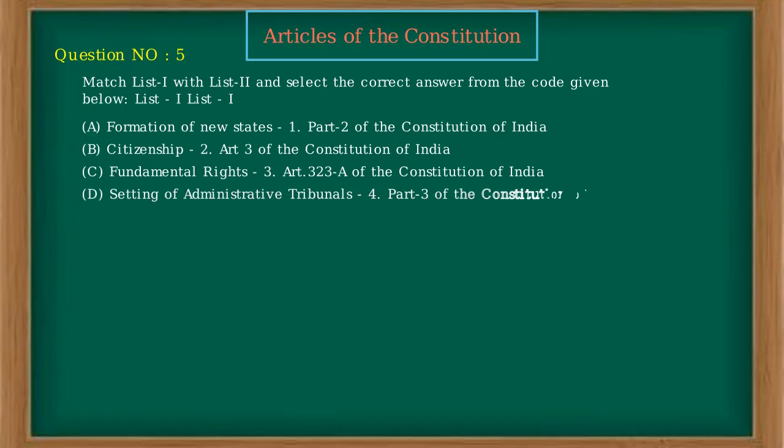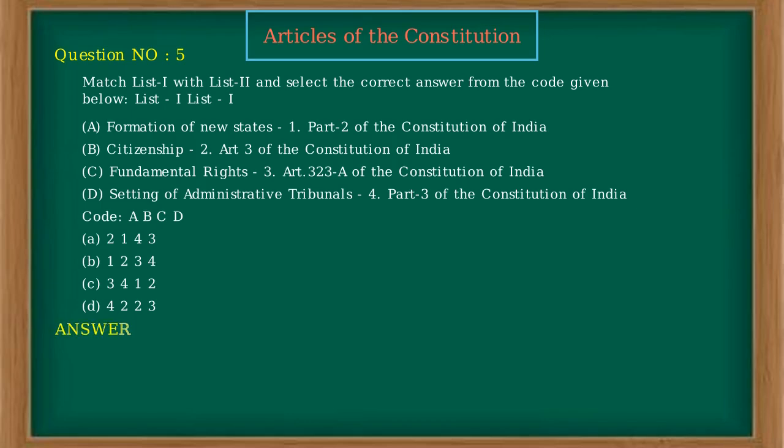Part 3 of the Constitution of India. Code ABCD. A. 2 1 4 3. B. 1 2 3 4. C. 3 4 1 2. D. 4 2 2 3. Ans. A.